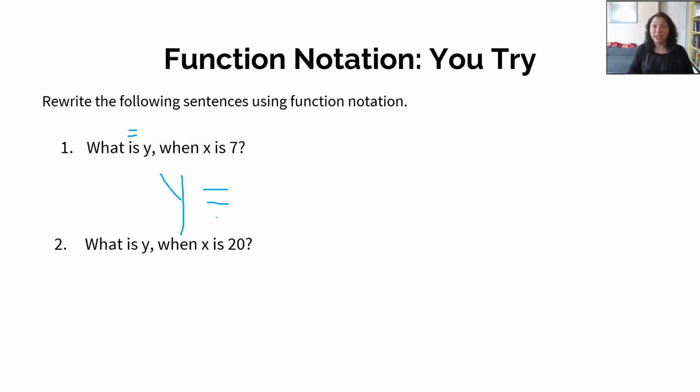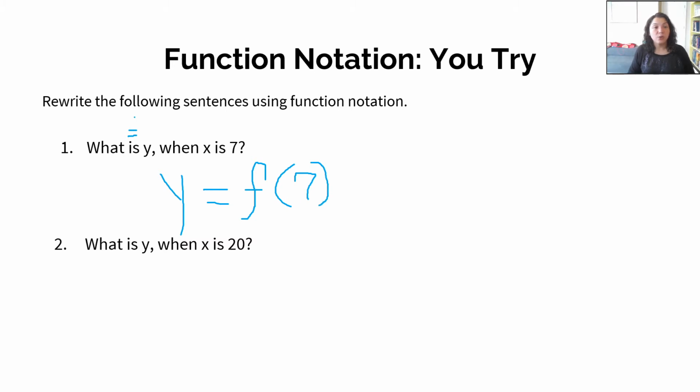Whenever it says what is Y, we're going to flip it back on them and say Y is. So what is Y when X is 7? That means F of 7.